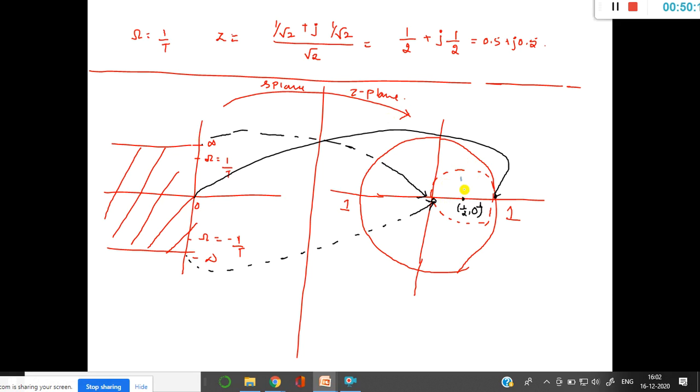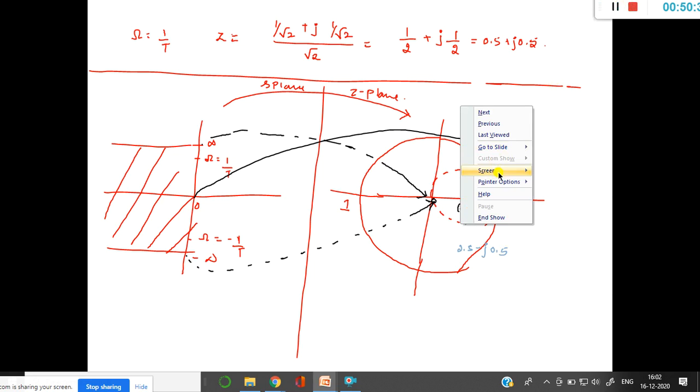So from here 0.5 plus j 0.5, and the complex conjugate I am going to get when it is minus 1 by t, right? It has to be the complex conjugate, so minus j 0.5. I think it is visible or not.